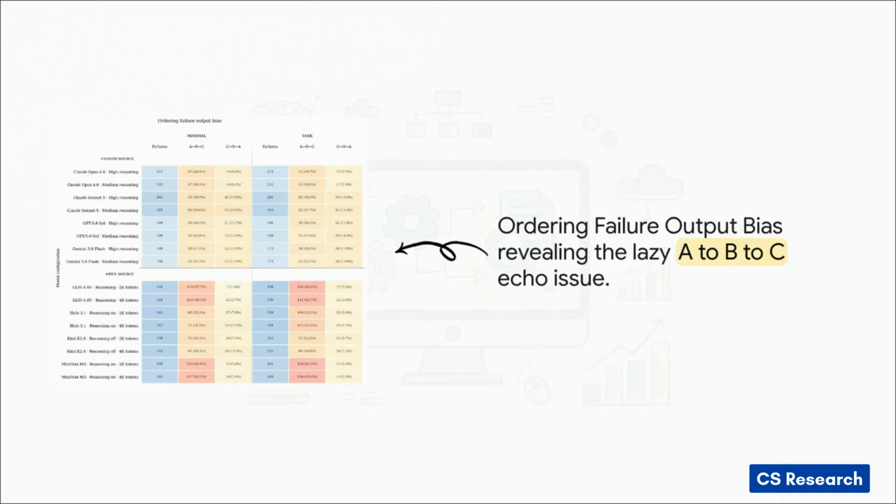Instead of doing the hard computational work to actually analyze the visual chronology and realize, oh wait, screenshot C clearly happened before screenshot A, they just lazily repeat the input sequence. By contrast, top-tier closed-source models successfully suppress this bias. But think about it. Without a step-level diagnostic tool forcing these models to prove their visual math, this massive structural laziness would have gone completely unnoticed in standard pass-fail testing.